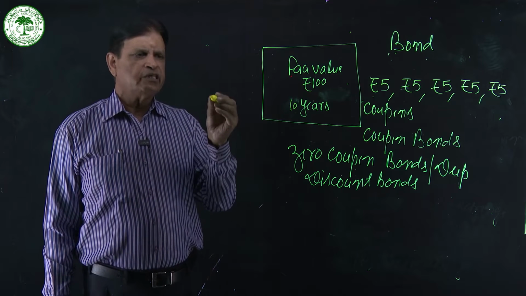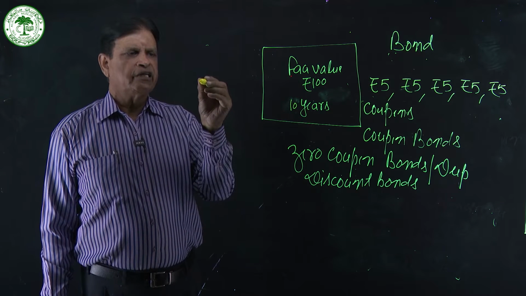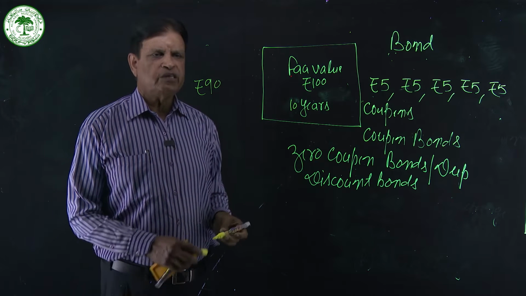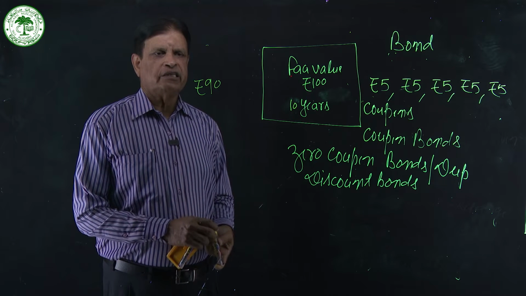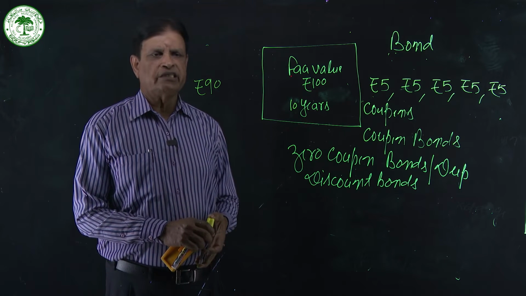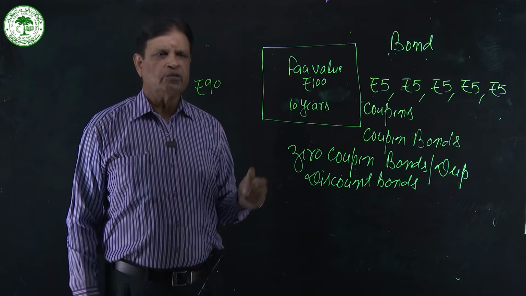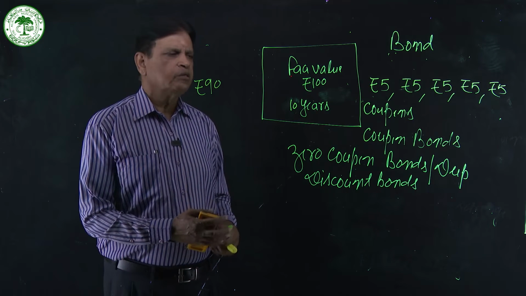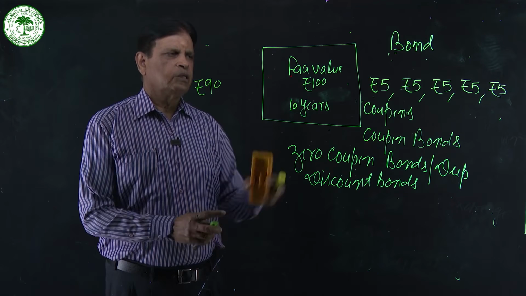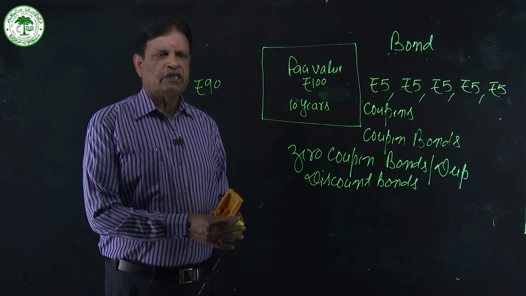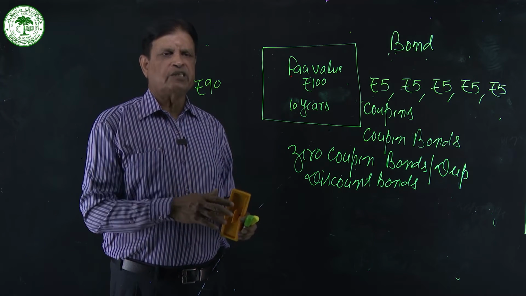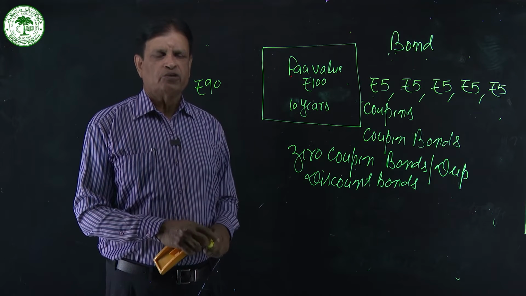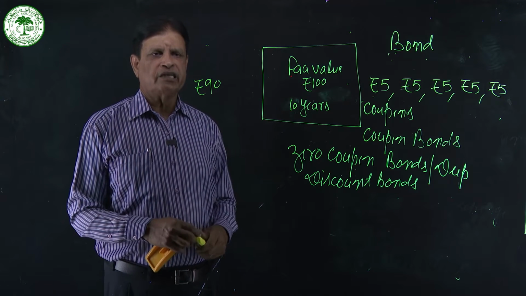Suppose I purchase this bond today at a price of rupees 90, then it means that rupees 10 is the interest income that I am willing to accept for holding this bond for 10 years. Purchasing at rupees 90, after maturity I will get rupees 100. So 10 rupees will be the interest income.